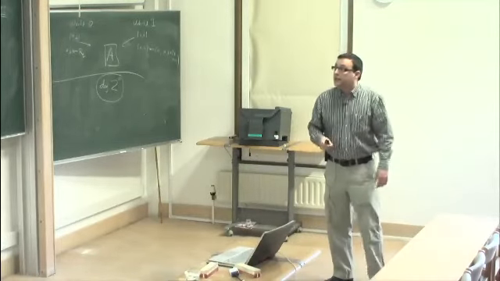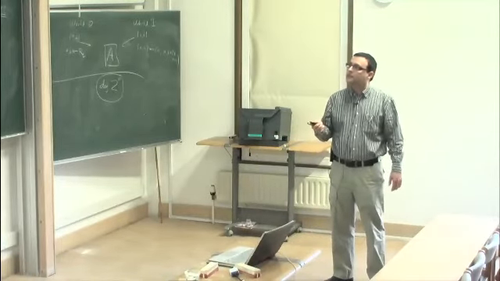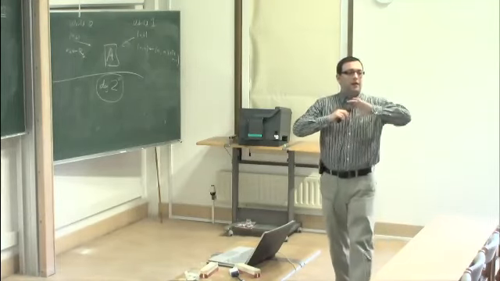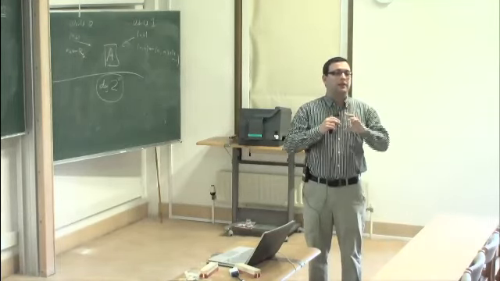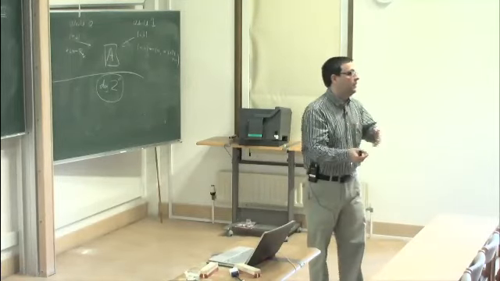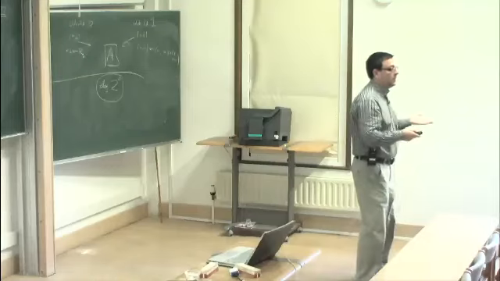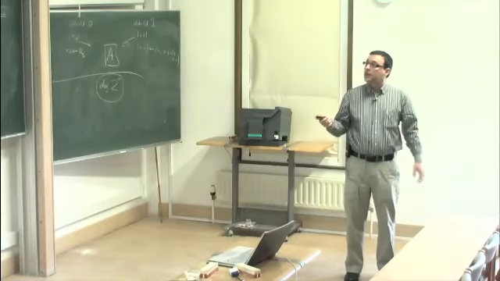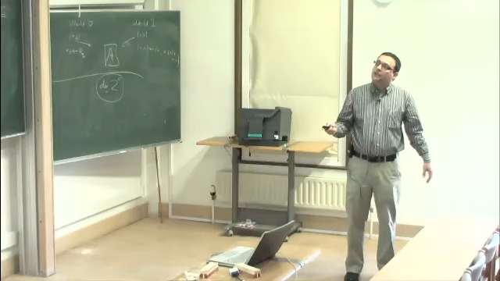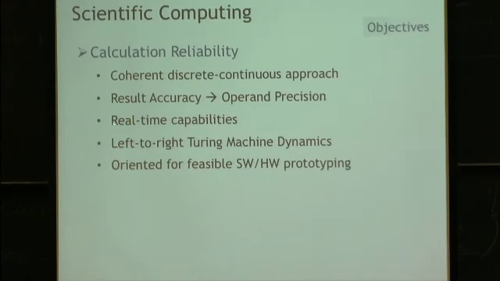Under this idea, I have thought about accuracy in a different way. If I need some accuracy at the result, I put the necessary precision in the operands that I use at all levels. I have also thought about real-time capabilities, respecting the left-to-right Turing machine dynamics for the arithmetics that I have implemented, and always thought about feasible software and hardware prototypes.